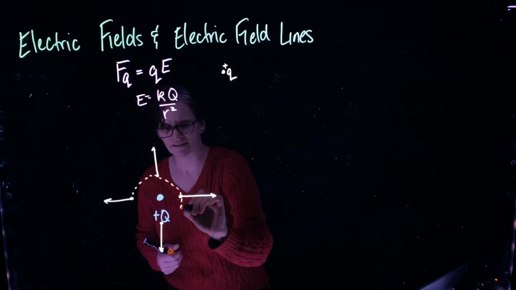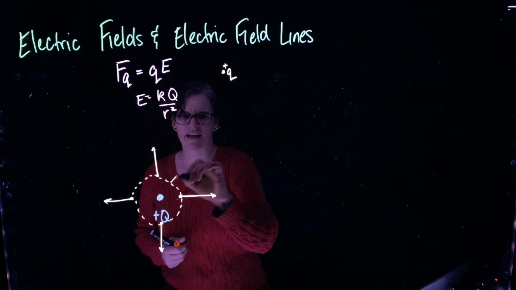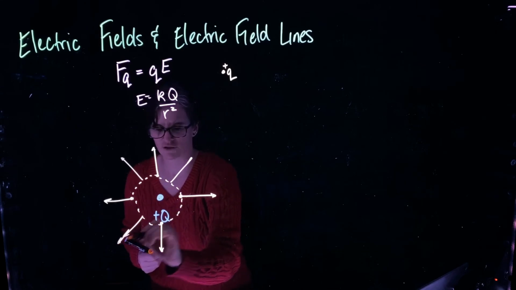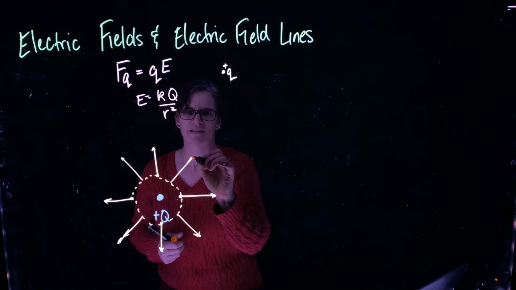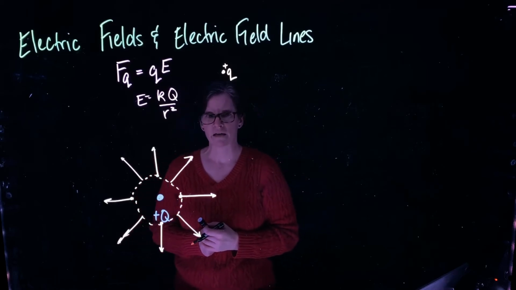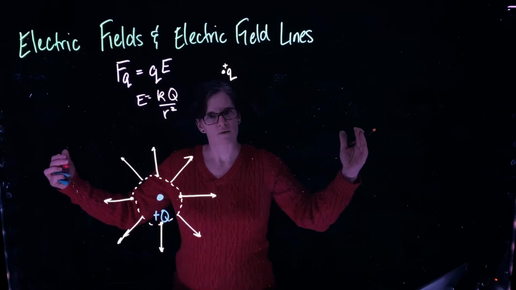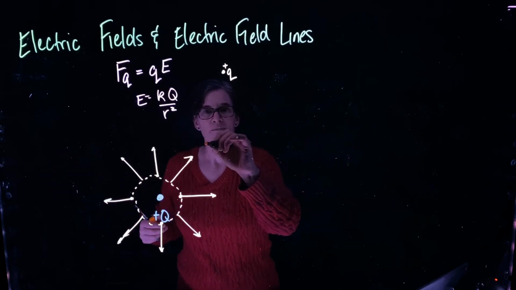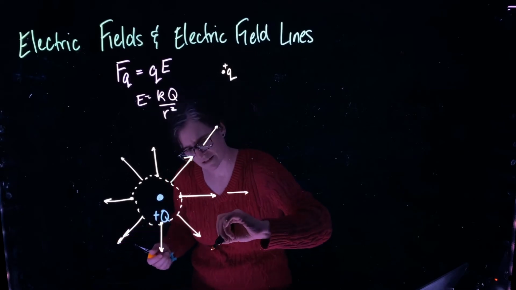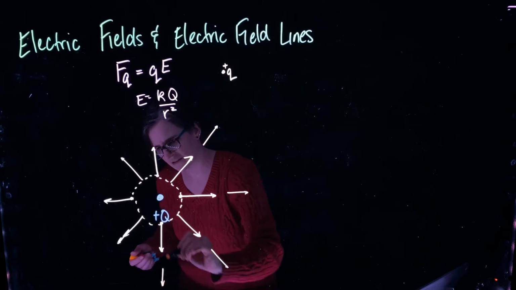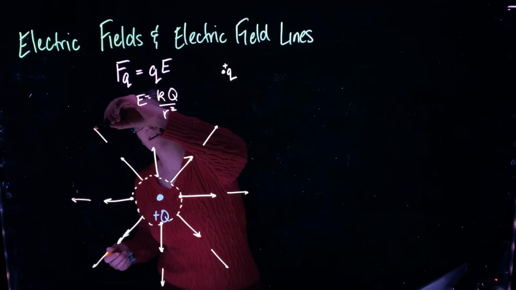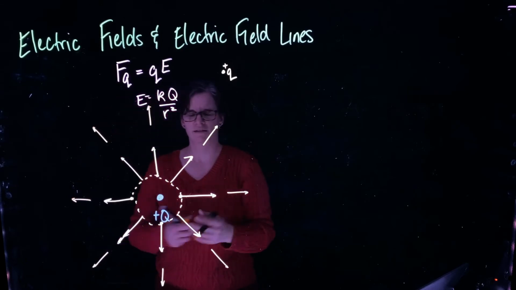And quite frankly, anywhere along this radius, I should get an electric force of a certain strength relative to that radius and the large charge Q. As I go further and further out, well, my direction is the same, but my strength is going to start to decrease on that electric force because the strength of my electric field has started to decrease.